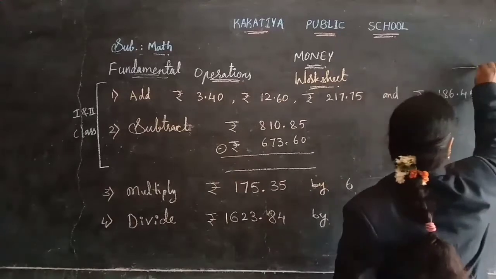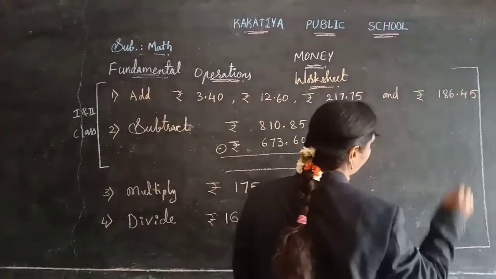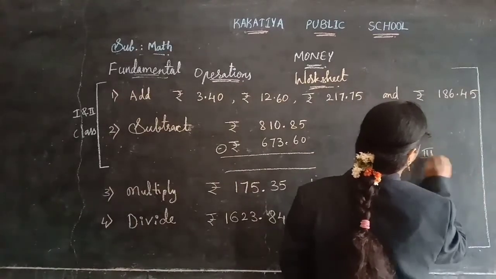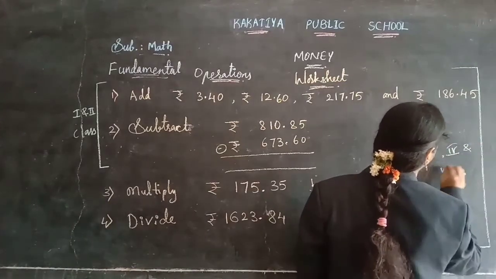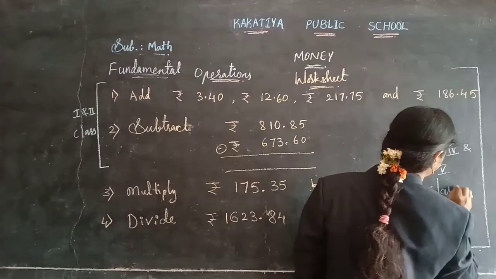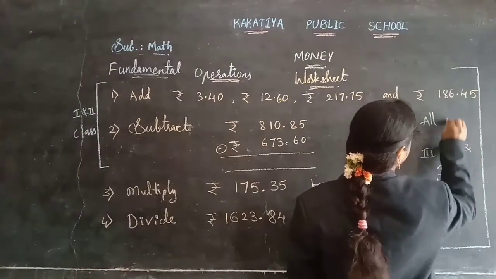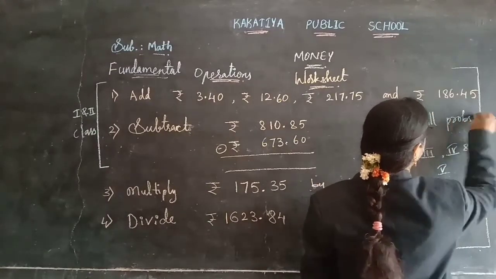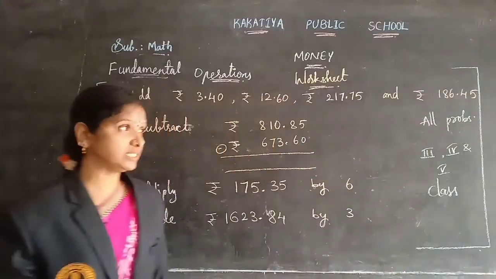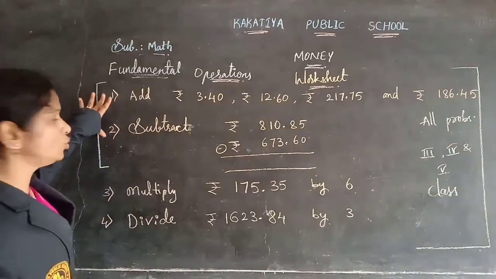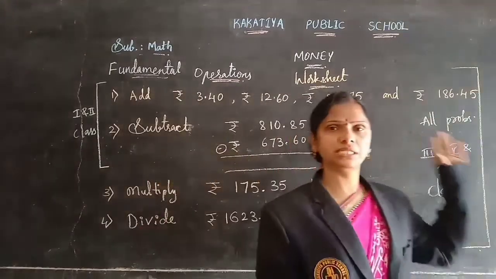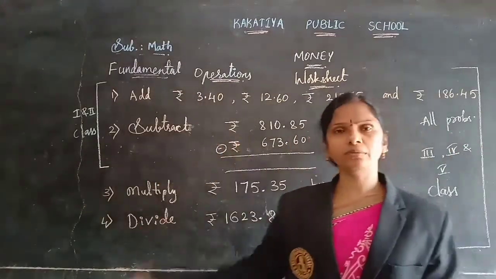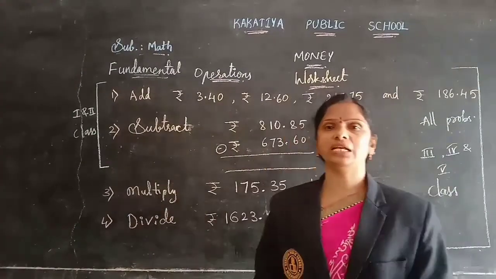And all problems for third to fifth classes, third, fourth and fifth classes. All problems. Yes, as a worksheet, children. Once again, I am repeating, only the first two problems for first class and second class children, and all four problems for third to fifth classes children.